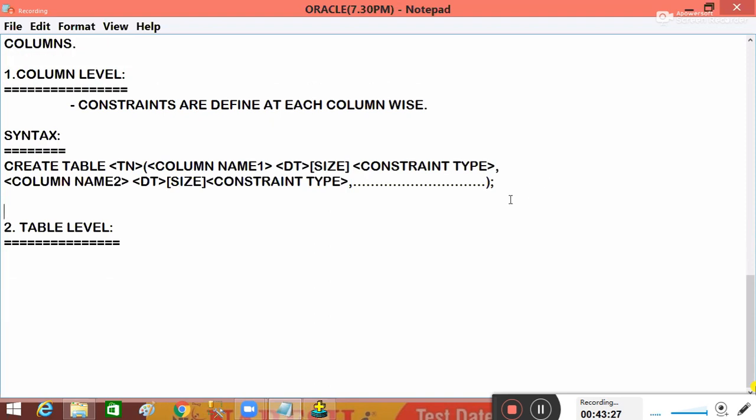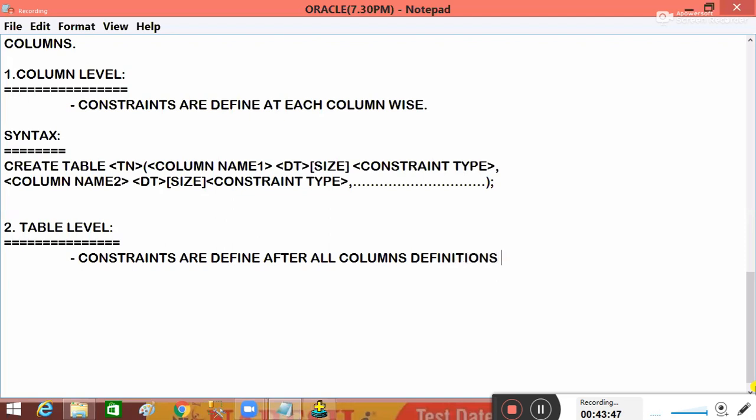So table level means what now, in this method constraints are defined after all column definitions are completed, at the end of the table definition.